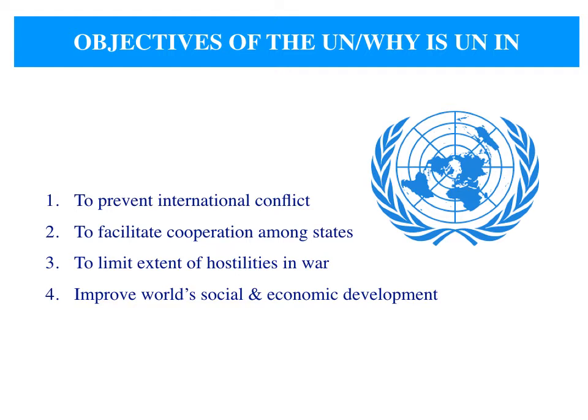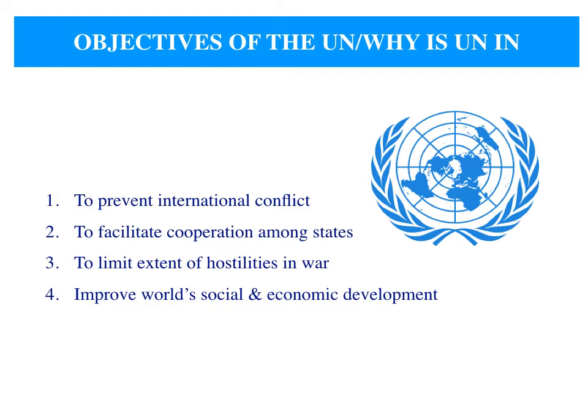All right. So the United Nations' main objective is to prevent international conflict and to facilitate cooperation among states. So they provide information, and they help different states cooperate with one another. This is done so as to stop conflicts between states from escalating into war.